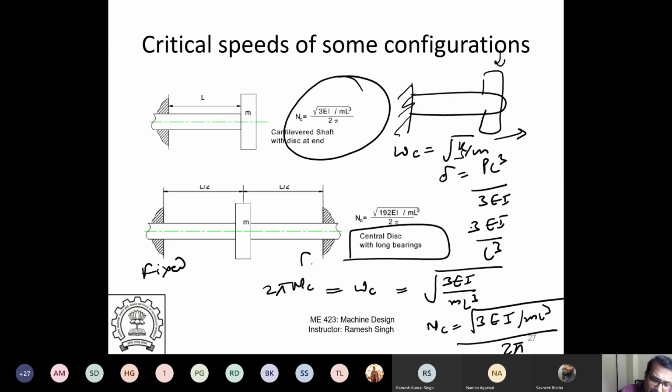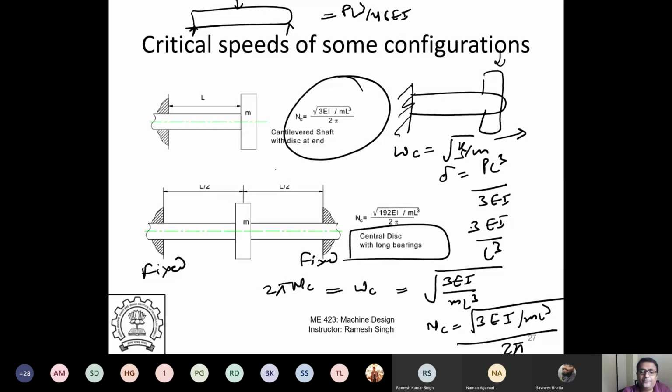So I don't know if anybody remembers the fixed beam deflection with central loading. Anybody remember that? Fixed beam. For simply supported with central loading, delta is PL cube over 48 EI. But if it is fixed, what do you get?